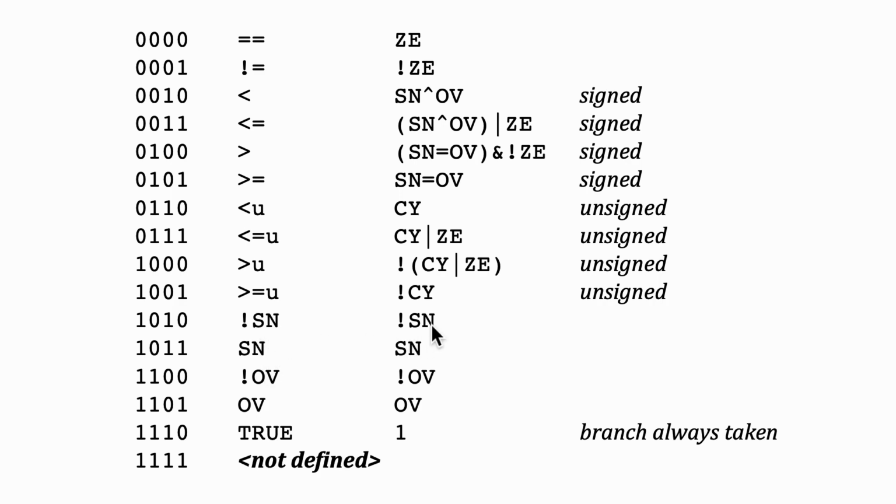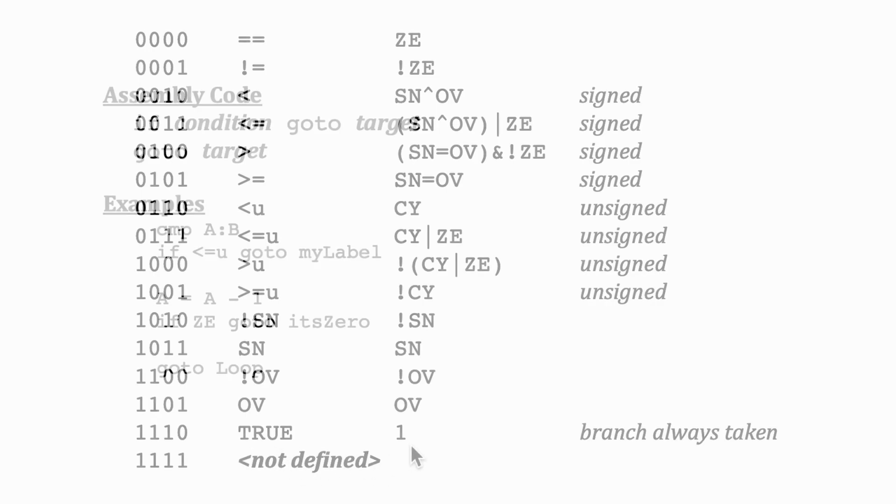For example, we can test the sign flag with these 2 conditions, or the overflow flag with these. We can also test the 0 flag directly, or we can test the carry flag directly. We've also got a condition that is considered to be always true, and this is used for our unconditional branch instruction. And the 16th value is not defined.